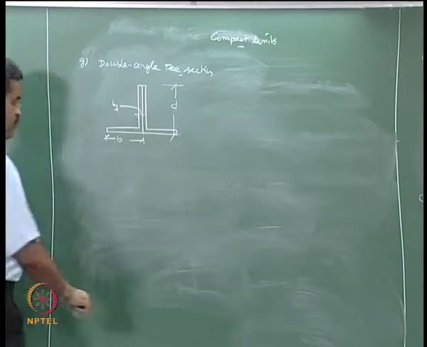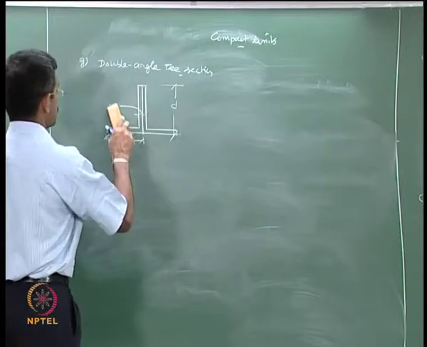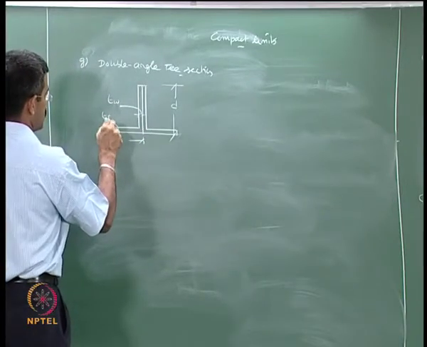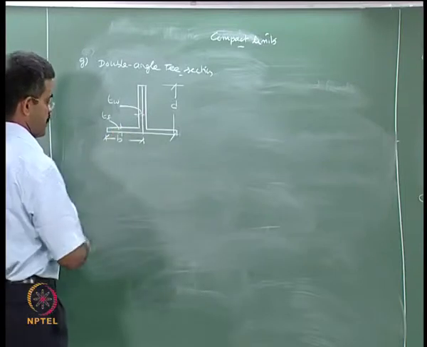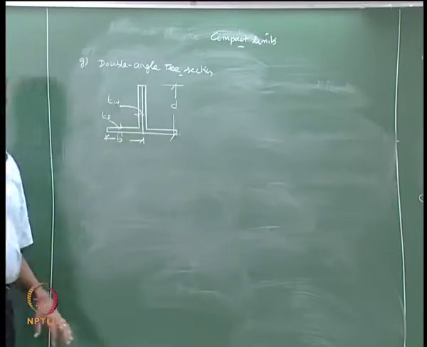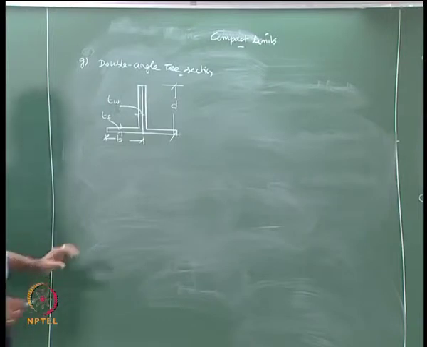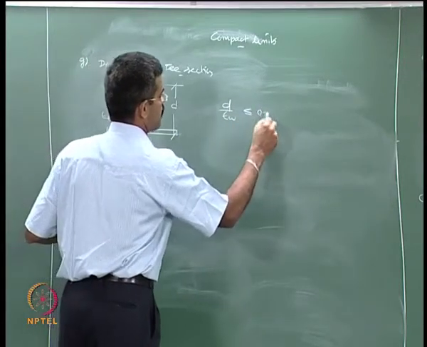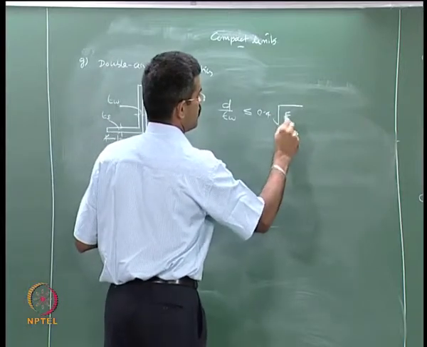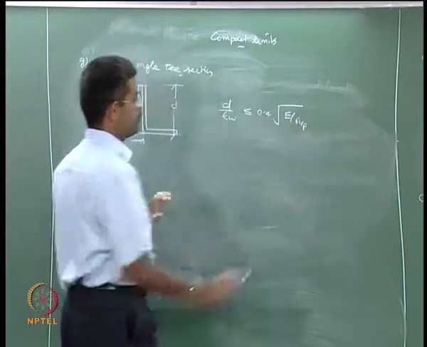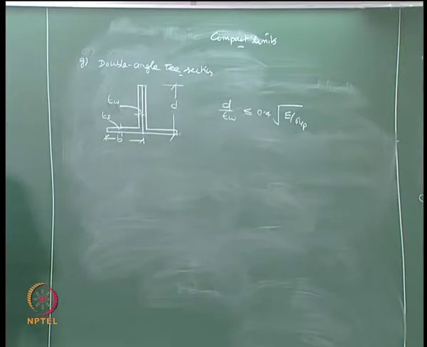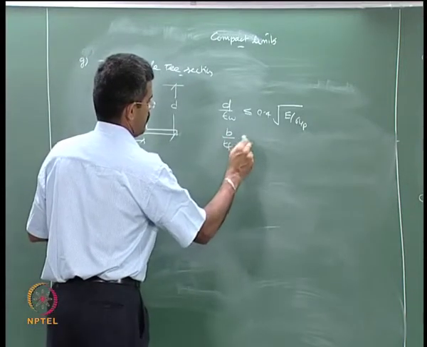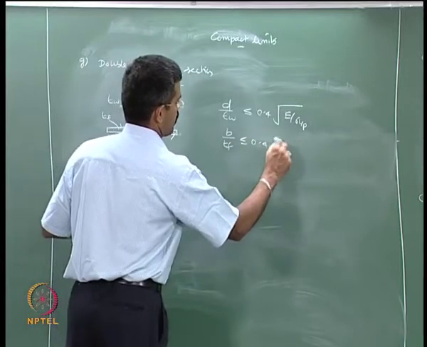This is web and of course this is the flange. So, this is Tw and this thickness is Tf. In this case, D by Tw should be less than or equal to 0.4 E by sigma yp, and B by Tf is also the same relation.